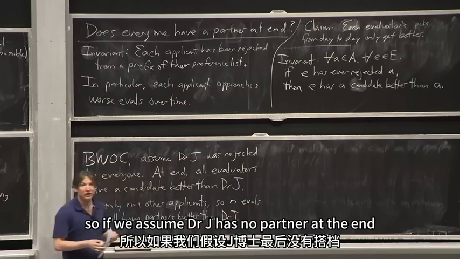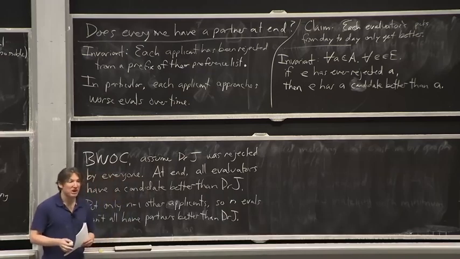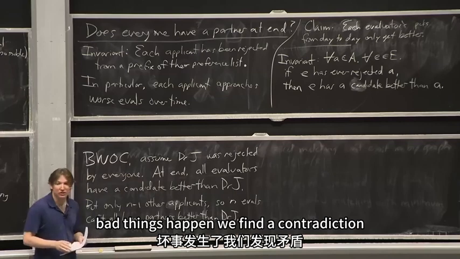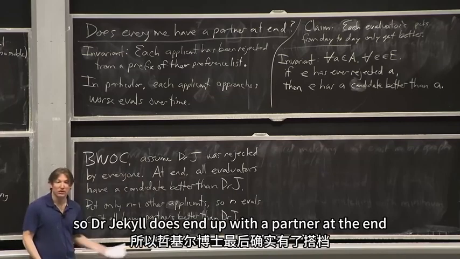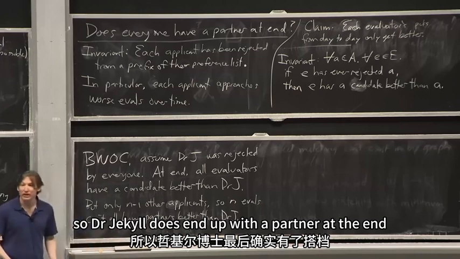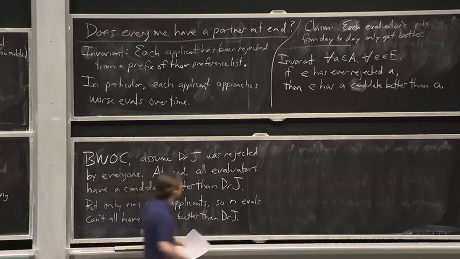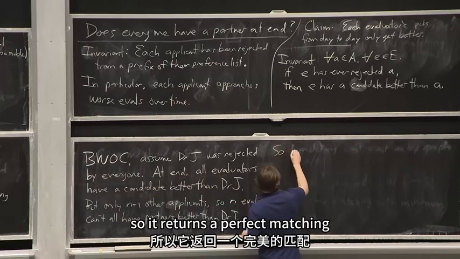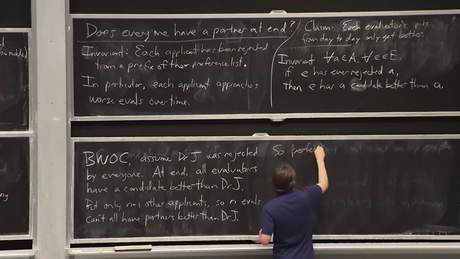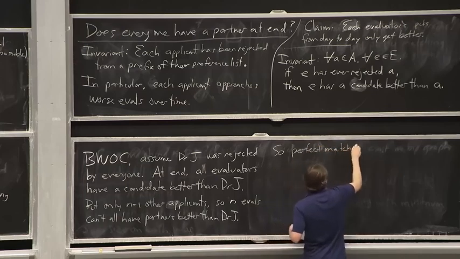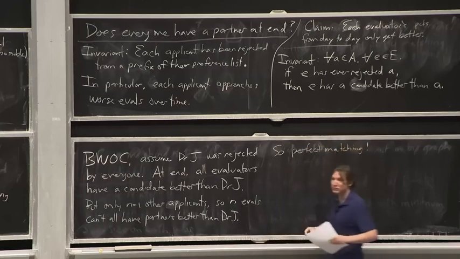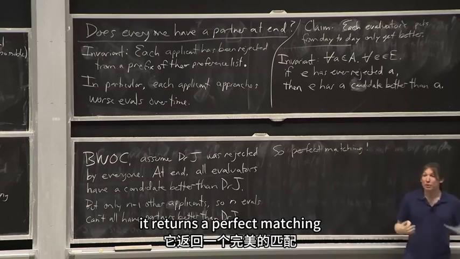So if we assume Dr. J has no partner at the end, bad things happen, we find a contradiction, so that doesn't happen. So Dr. Jekyll does end up with a partner at the end, and therefore everyone does. So it returns a perfect matching.